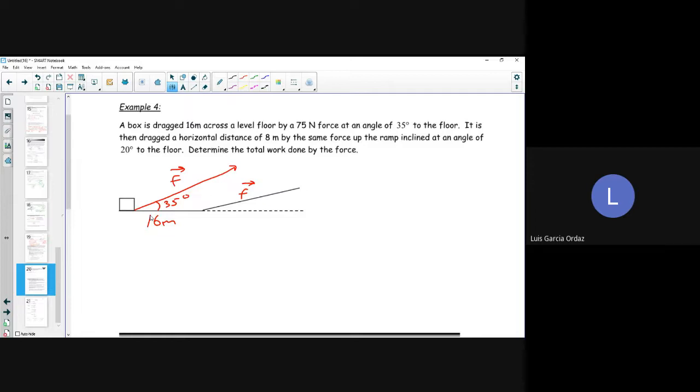Then the 8 meters is the horizontal distance up the ramp.